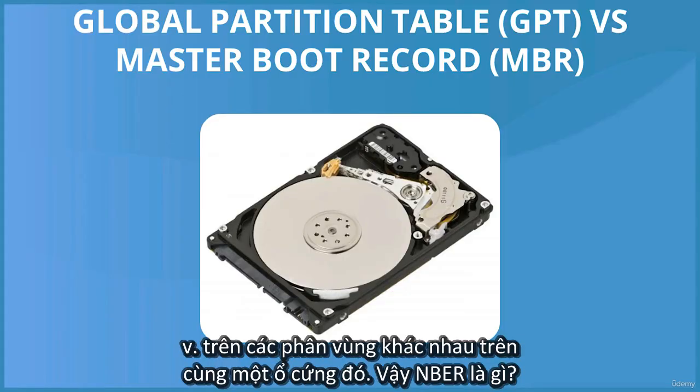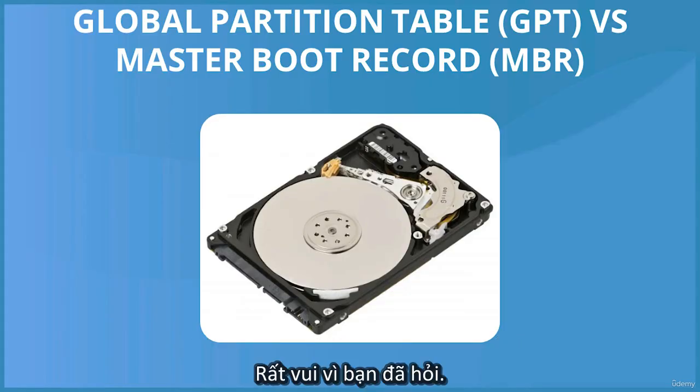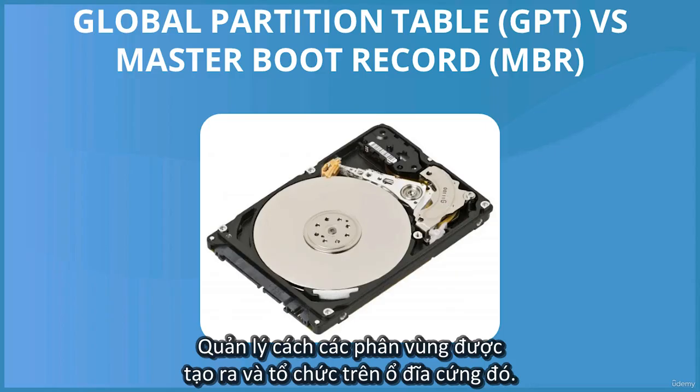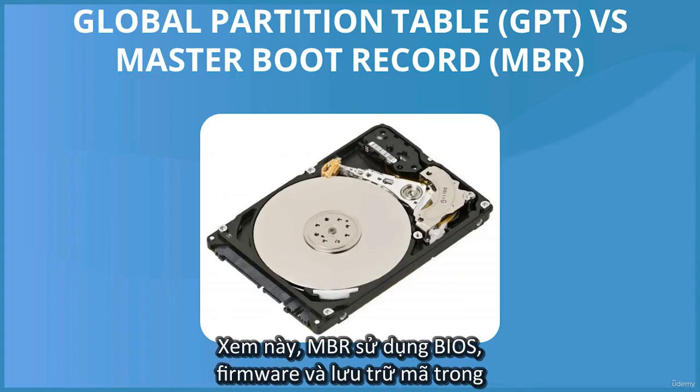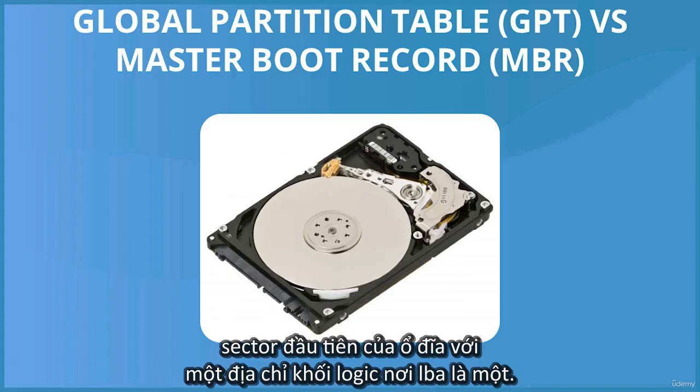So what's MBR then? Glad you asked. MBR manages how partitions are created and organized on that hard disk drive. MBR uses BIOS firmware and stores code in the disk's first sector with a logical block address, or LBA, of 1.